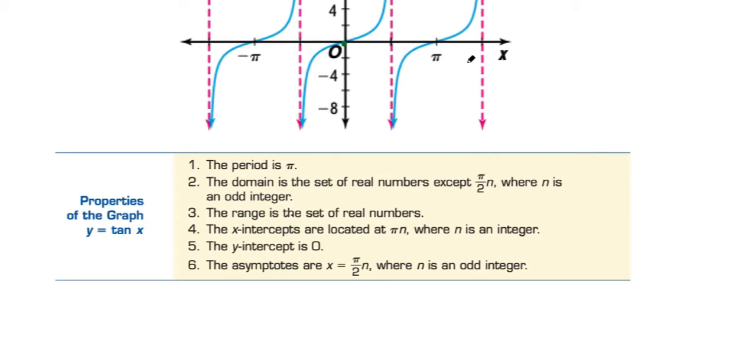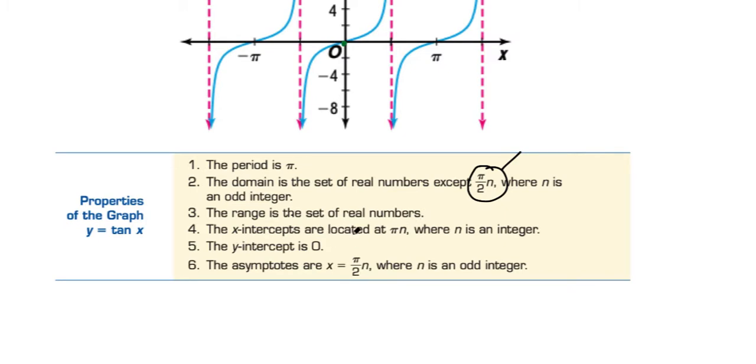Even though it's not a continuous function, even though the whole thing is not connected, you can see that we have the same thing happening over and over again. The domain is the set of all reals except these odd multiples of pi over 2. All right, which is where we get those undefined places. The range is the set of real numbers, so every possible number can be represented as the answer to the tangent of x, as the y value.